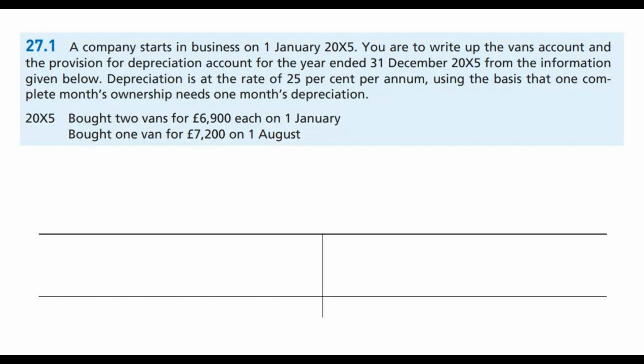27.1: A company starts in business on 1st January 20x5. You are to write up the Vans account and the provision for depreciation account for the year ended 31st December 20x5.